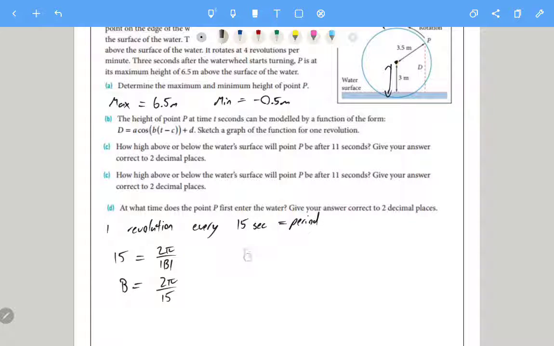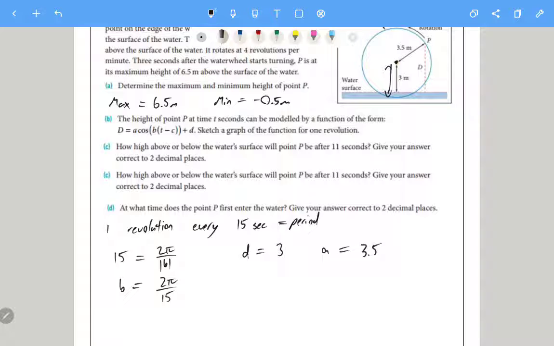So our little d, sorry, I've capitalized all of the variables, little d is just our median value, which is 3 meters, and our amplitude is 3.5. Hence giving us those maximum and minimum values we worked out before.